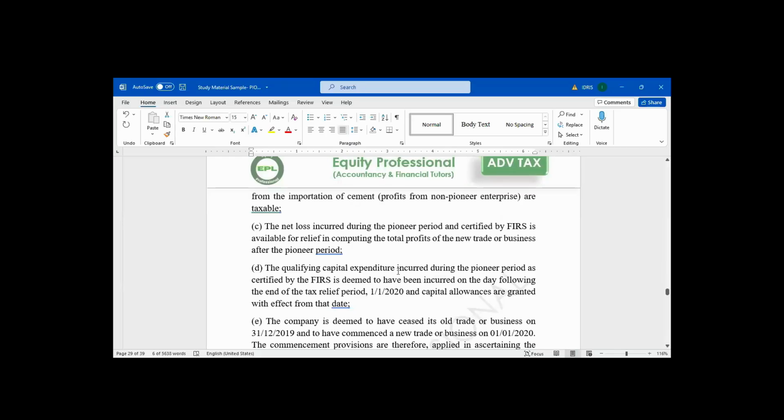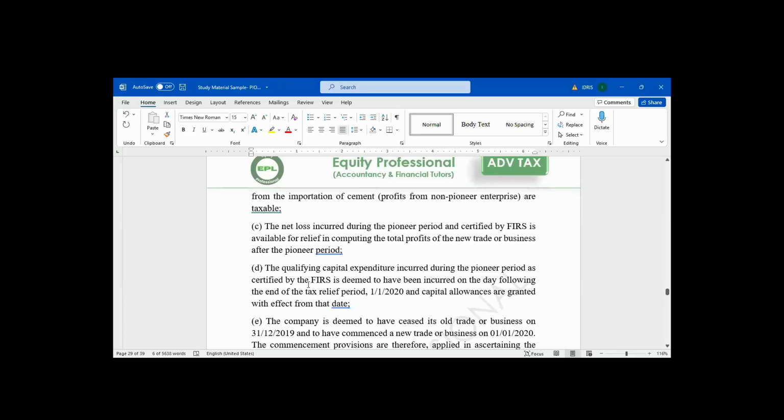The qualified capital expenditure incurred during the pioneer period, as certified by the FIRS, is deemed to have been incurred in which day? In the first day of the post-pioneer period. And capital allowance will be granted from that date.